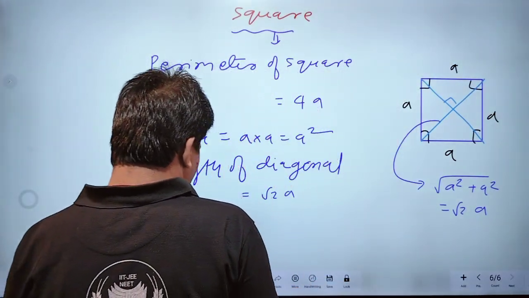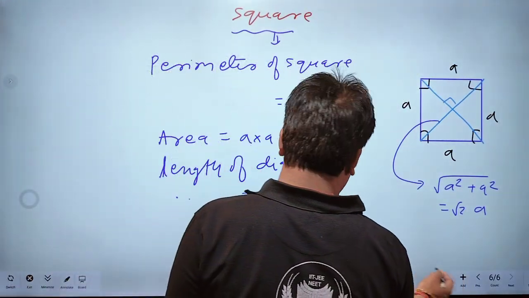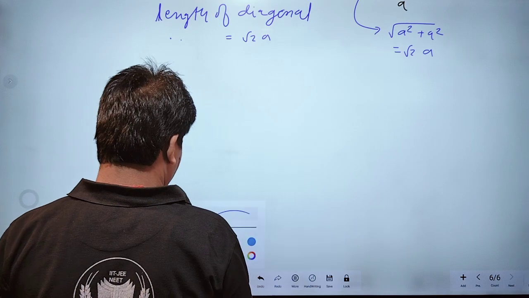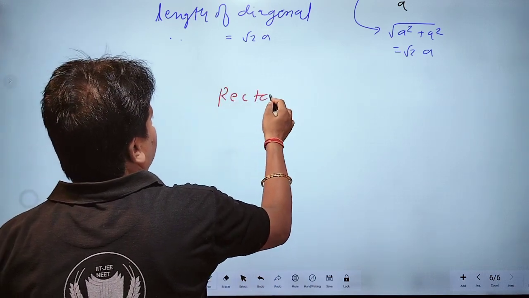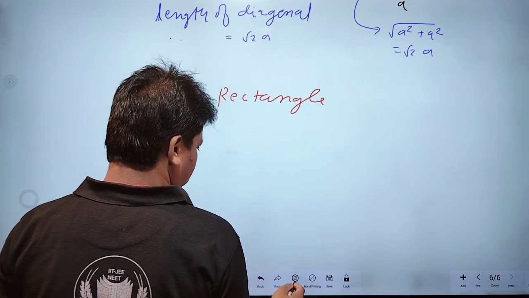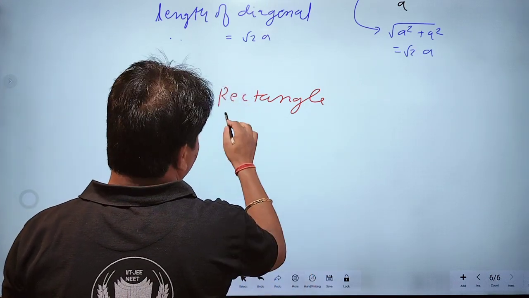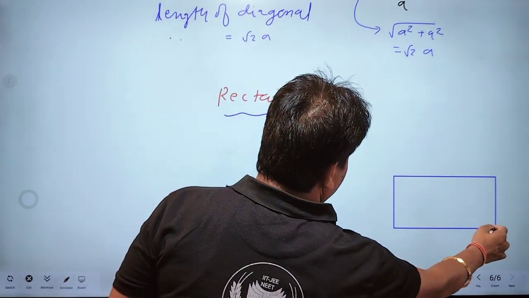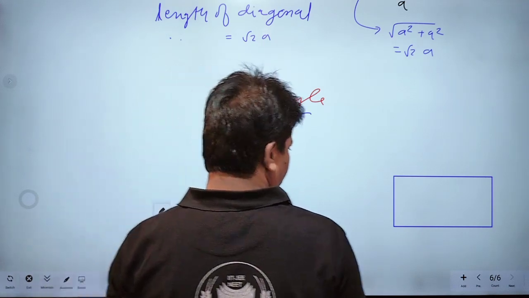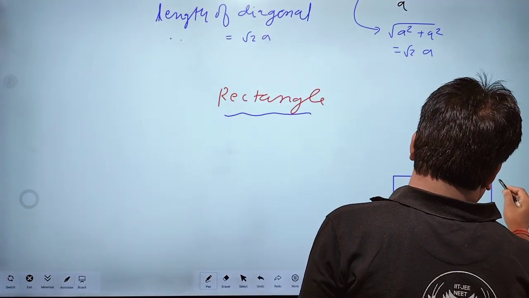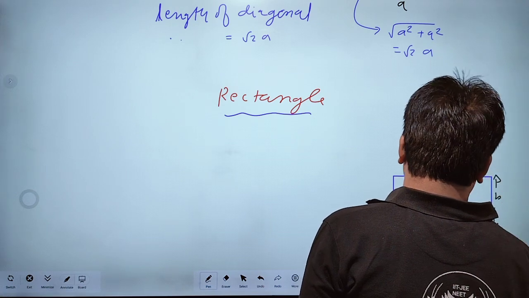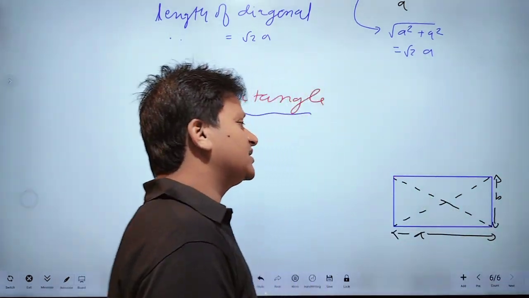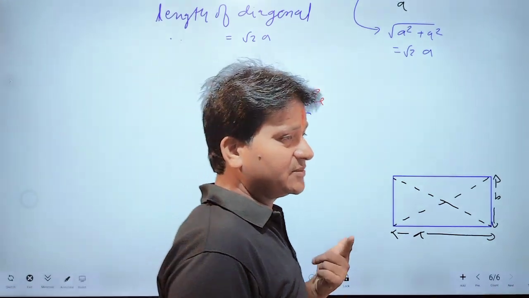Now, I am going to tell about rectangle. This is a rectangle, okay? Length of this side is A and length of this side is B. This is a diagonal. But here diagonals do not intersect perpendicularly.